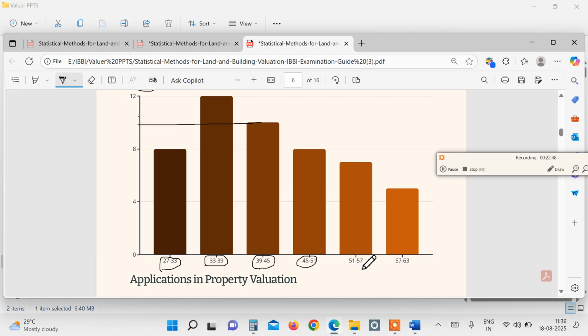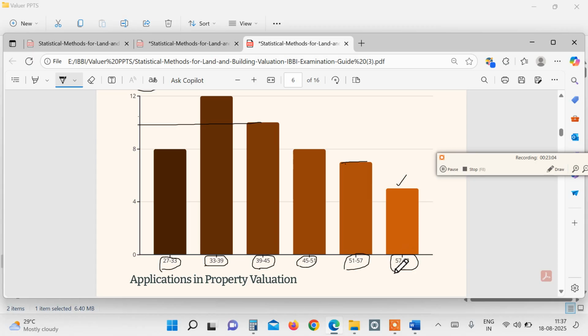Then we have approximately 7 properties whose values vary from 51 to 57 lakh, and then approximately 5 properties whose values vary from 57 to 63 lakh.